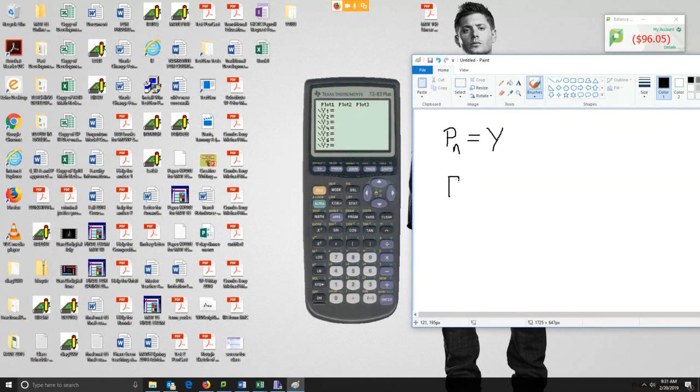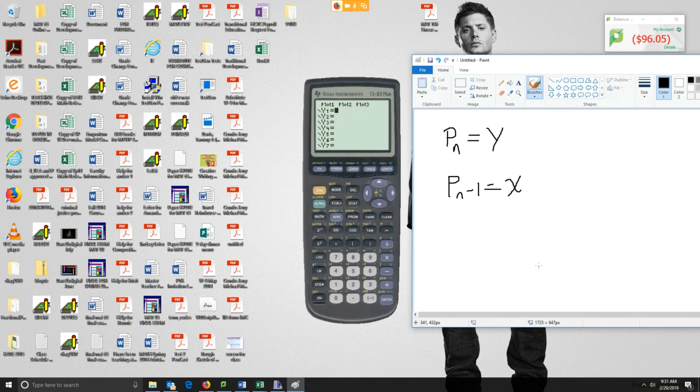And P sub n minus 1, that's going to become X. So I'm going to put this formula into the first Y equals in the graphing calculator.